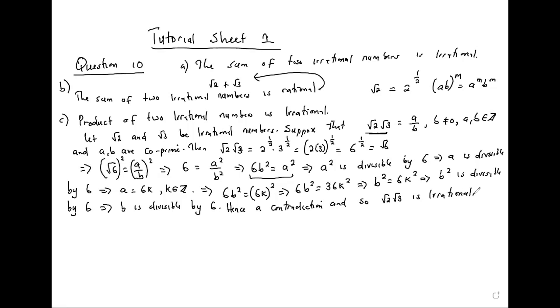This same example, this same question answers part D. Part D is saying the product of two irrational numbers is rational.